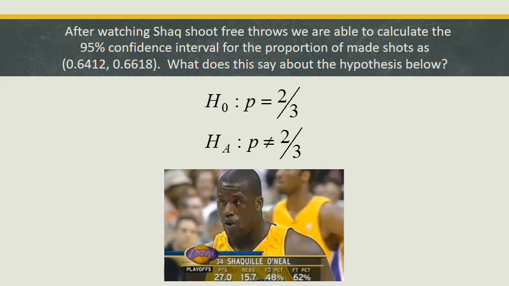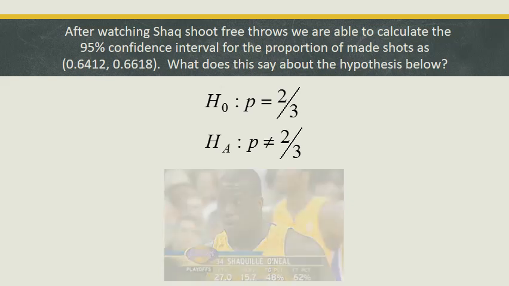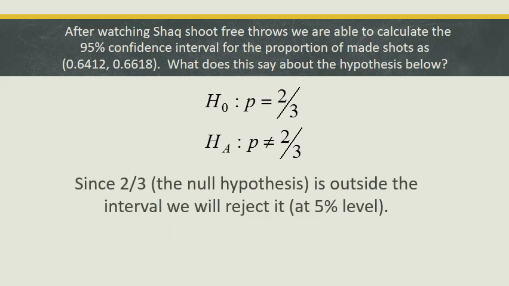Okay, this question is once again about Shaq's free throws. Much like in the previous video, I'm given a confidence interval and I want to know what I can say about this hypothesis test. We have a two-tailed hypothesis, so the first condition is met, and I'm going to check to see if the null hypothesis is within the confidence interval. 2/3 is not inside the interval, so we would reject the null hypothesis at 5% level.